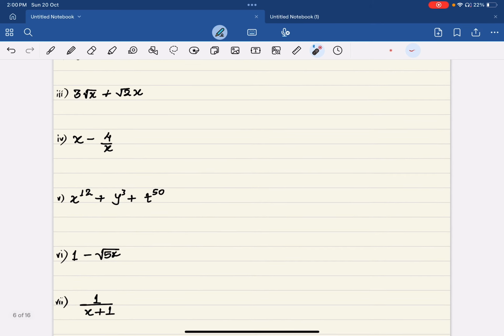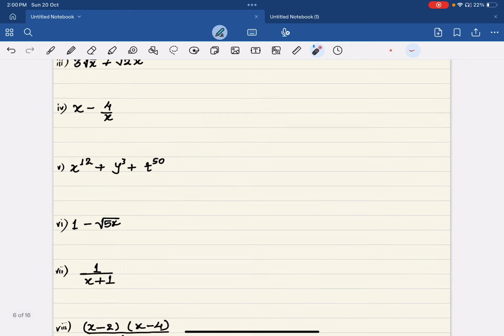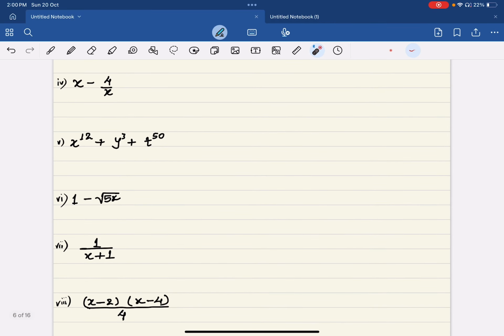Okay. So the fourth expression: in the first term the variable has power as a whole number, but in the second term the variable has a negative power, which is not a whole number, so this is also not a polynomial, and the reason is the variable does not have power as a whole number.